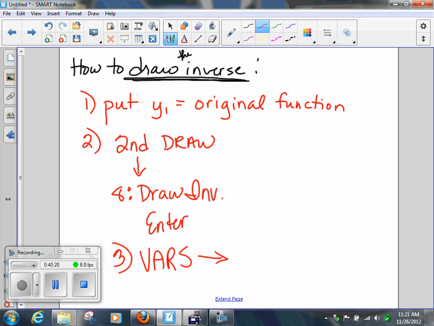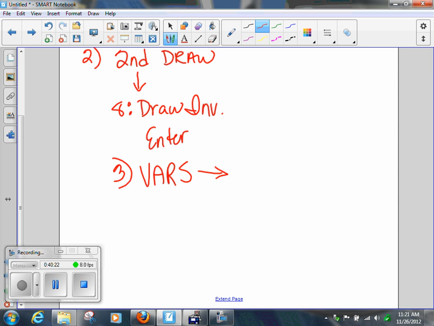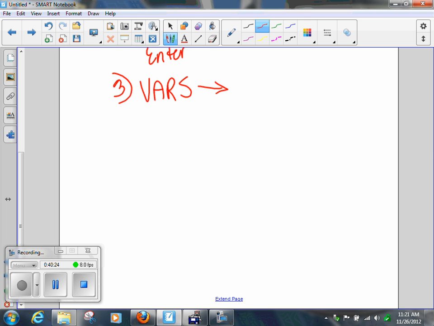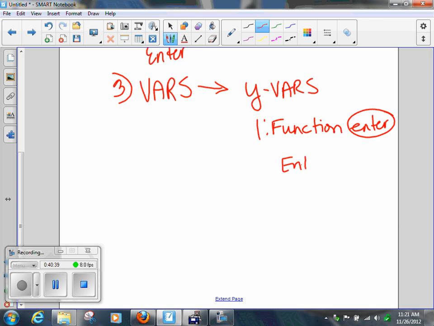And from vars, you're going to arrow to the right. And you'll go Y vars, one function, enter, and then you'll enter again.